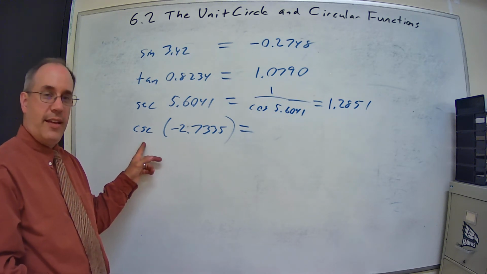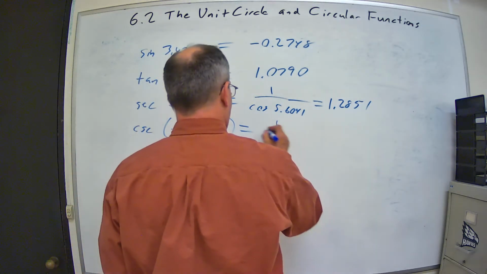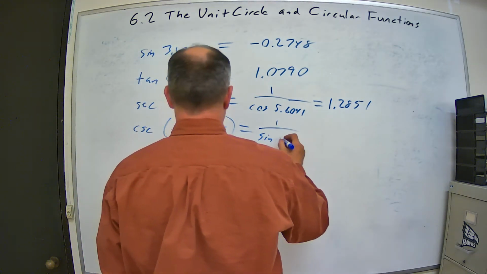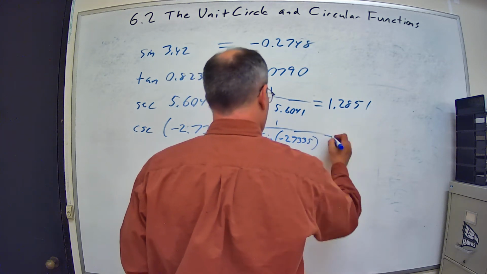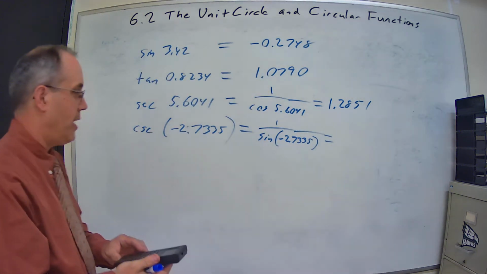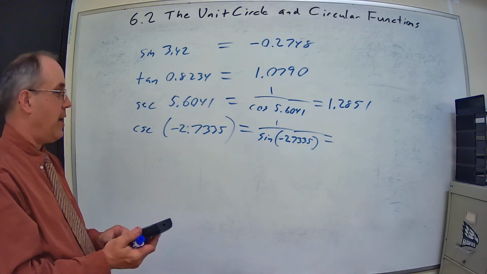Again, cosecant is the reciprocal of sine, so I can say that's 1 over sine of negative 2.7335. So I can plug that in, 2.7335, the negative of that.